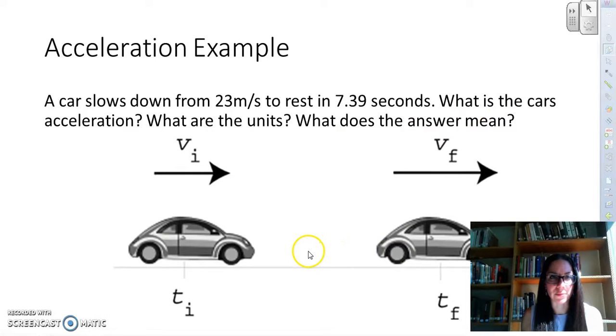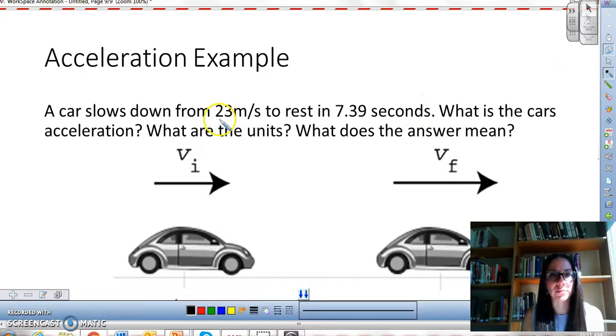Okay, so here's a sample problem. A car slows down from 23 meters per second to rest. Now, even though this is not a number, it does represent a number of 0. So this is technically embedded right there.